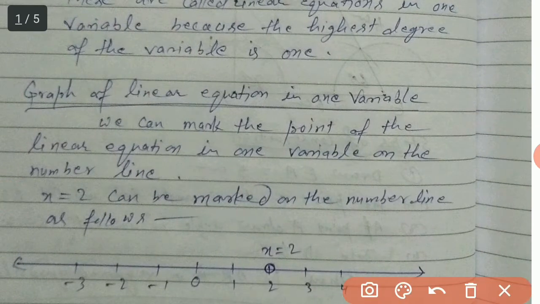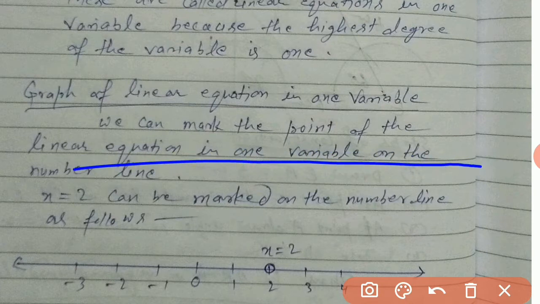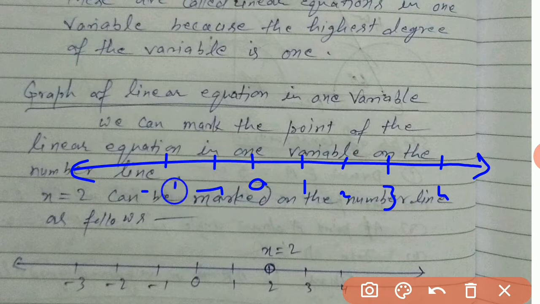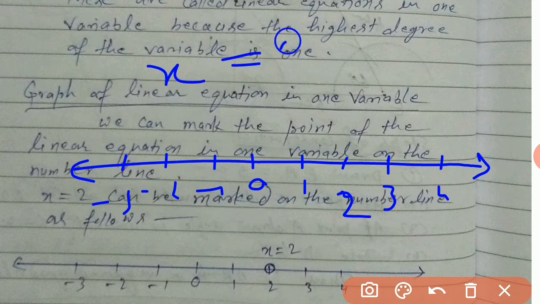Graph of linear equation in one variable. The graph of linear equation in one variable is always a straight line like this. Suppose this point is 0, here 1, 2, 3, 4, and here minus 1, minus 2, minus 3. If we plot x equal to 2 on this number line, then this is the point.